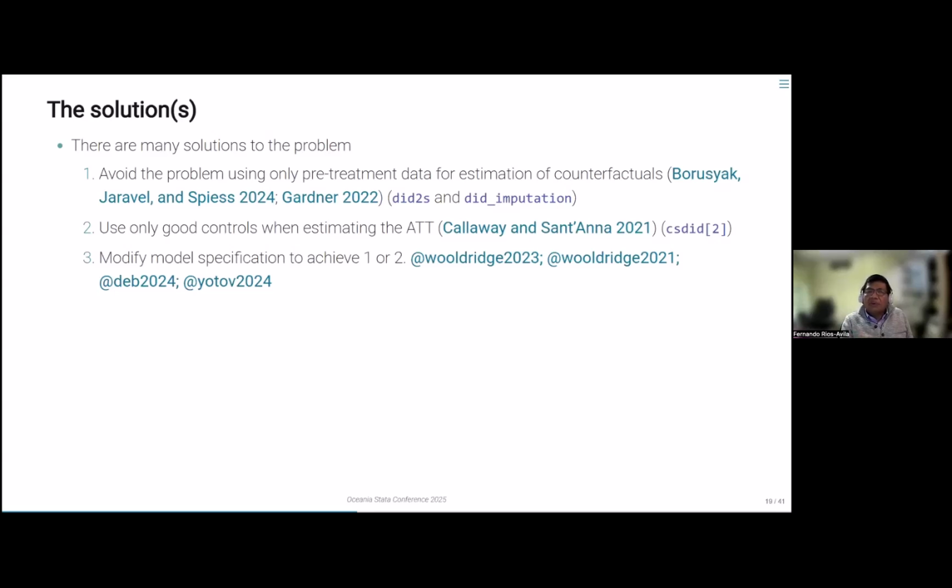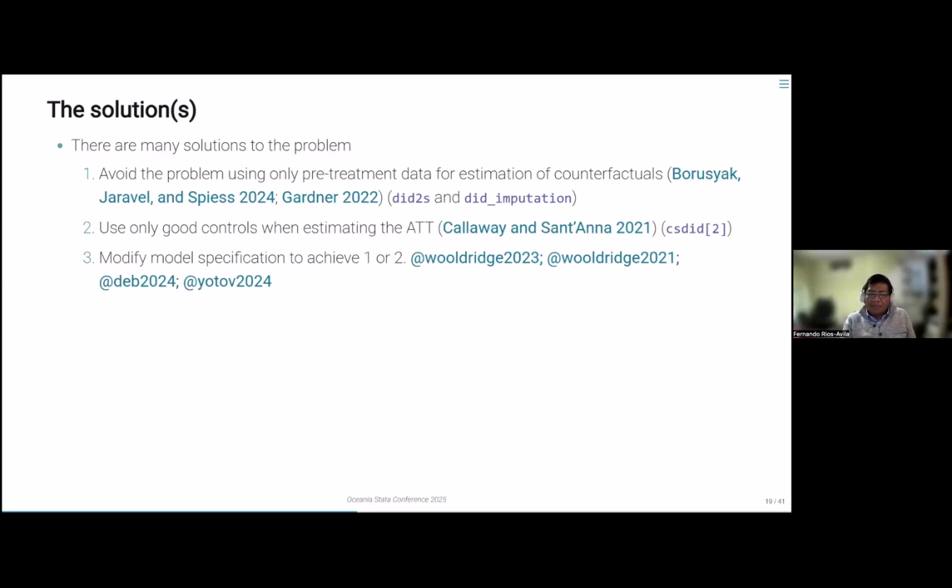That's basically what DID2S and DID imputation do. The other approach is to make sure that you're only using good controls when estimating the average treatment effects, always excluding whatever resemblance of a bad control there is. And that is what Callaway and Sant'Anna provide or suggest, and that is implemented using CSDID.